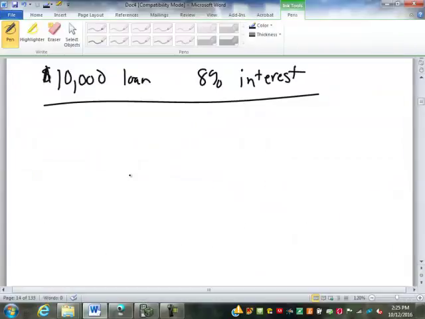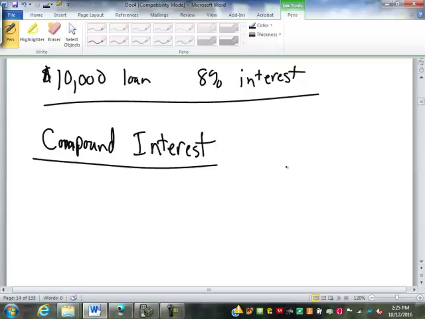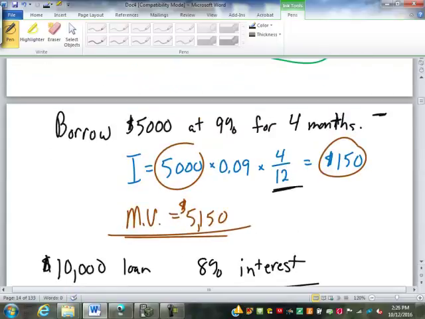Now, the next application I want to show you is going from simple interest into compound interest. As we've seen with the examples we've done on the paper here, we didn't figure out any interest until the end of the term, until the time was up.